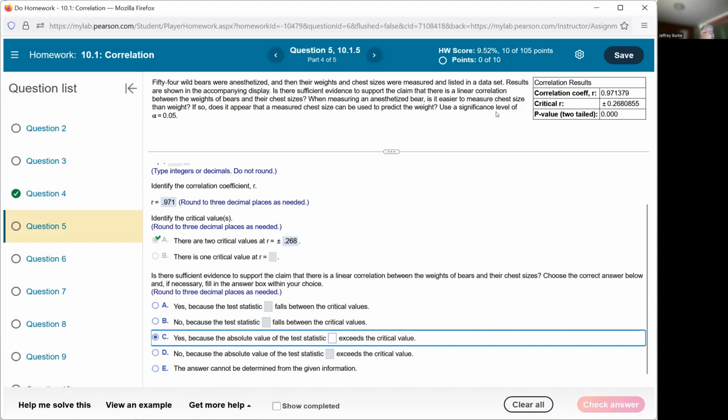Trying to think if they give us this here.